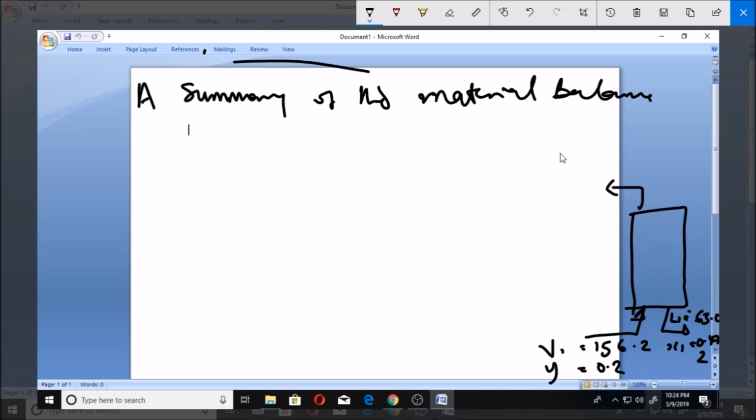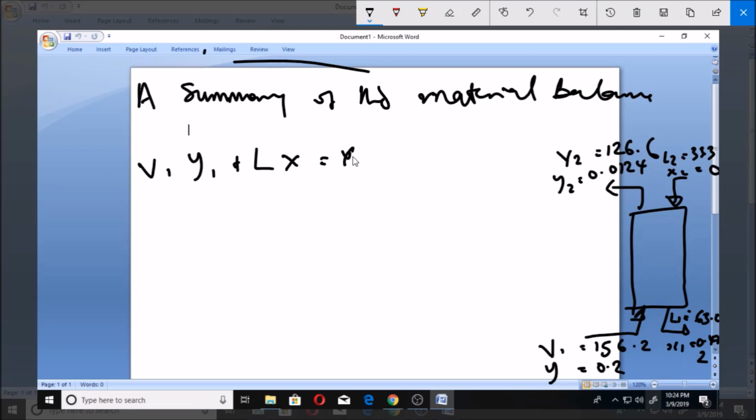We have the leaving gas as V2 equal to 126.6 and Y2 equal to 0.0124. We have the entering liquid L2 equal to 33.3 and X2 equal to 0. If you make a material balance from the bottom to any intermediate point in this tower, we have V1 Y1 plus L X equal to V Y plus L1 X1.